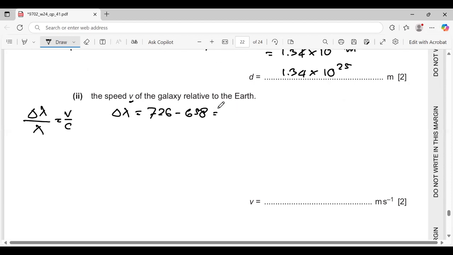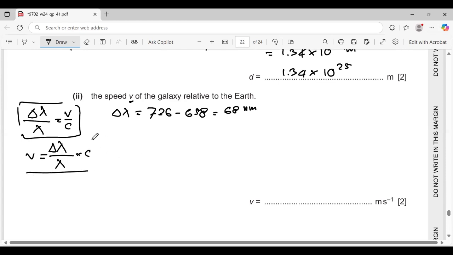If you calculate, the result is 68, and the unit is nanometers. After that, substitute into this formula. I would like to rearrange first: phi is the subject, delta lambda over lambda times c.